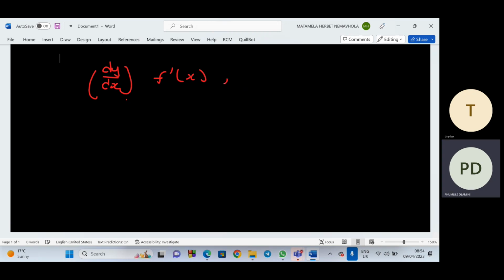And f prime of x is the same as when we are finding y prime. So between these two, they are the same thing.